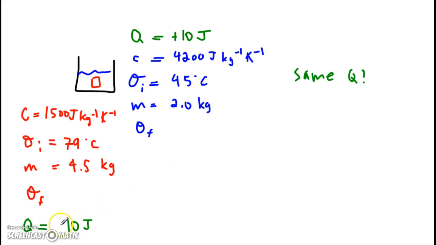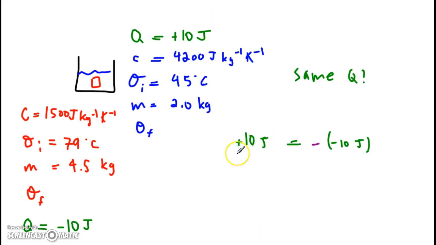But wait a second, I just said the block releases 10. So we see now that they do kind of have the same Q, except one is positive, the other is negative. Is positive 10 equal to negative 10? No, of course not. To make this equation true, we need to add in another negative right here.